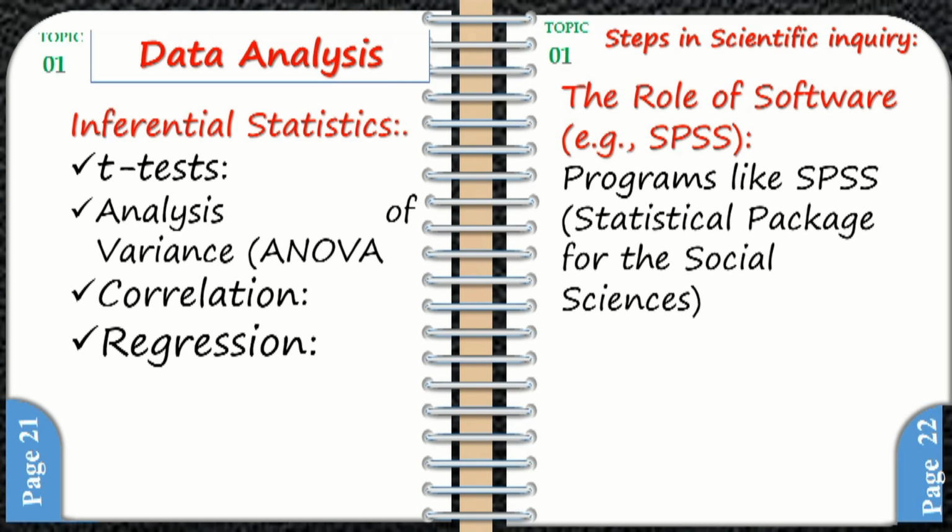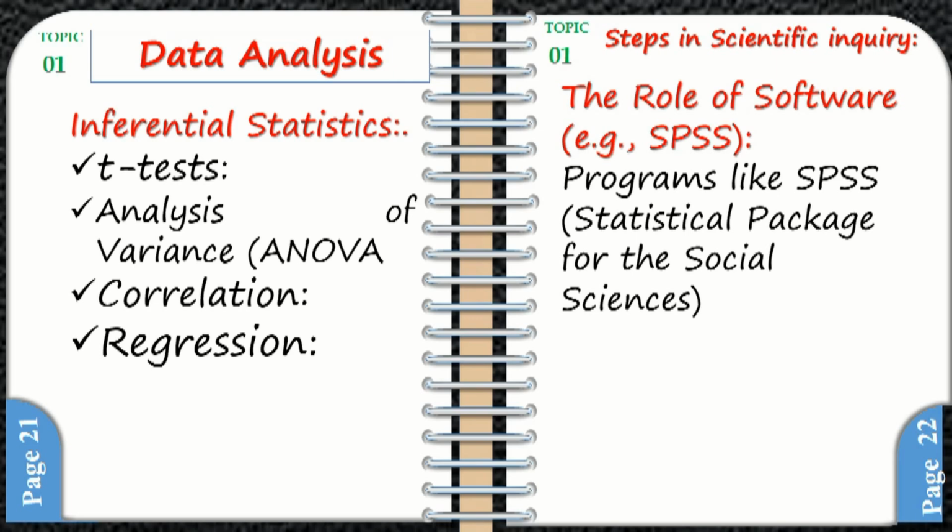In order for us to make our work easy, we use software. The commonly used software is the Statistical Package for Social Sciences, SPSS. It allows for efficient data management, complex statistical calculations that would be prohibitive by hand, and the generation of tables and graphs.